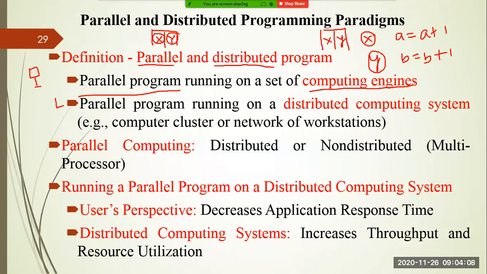One data center may be available in Singapore, another in Japan, another in the US, another in the UK. But combined, they are solving a particular problem. In that case, you require a distributed computing system. So these are the two fundamental terms: first, a distributed computing system, and second, a parallel system.